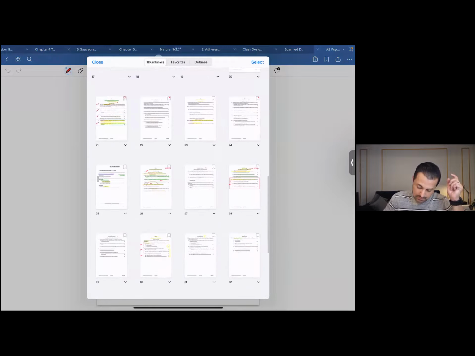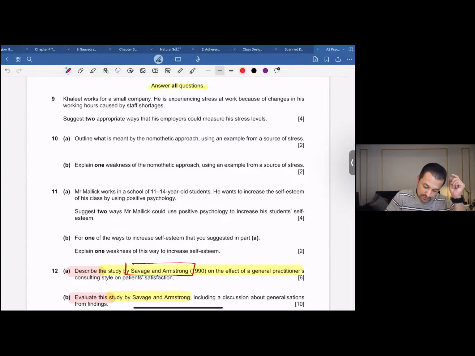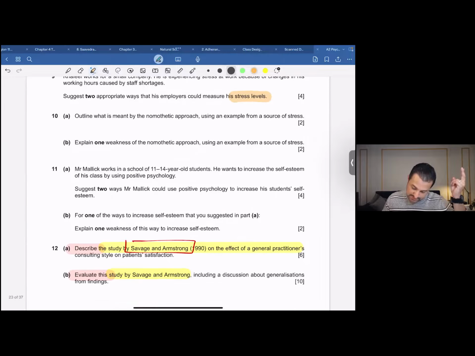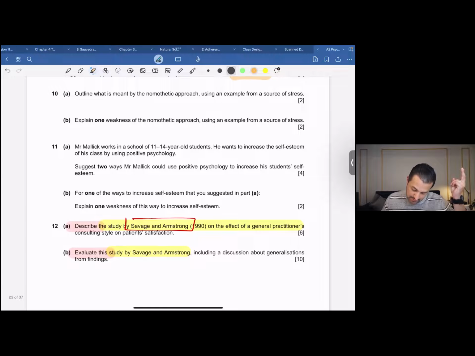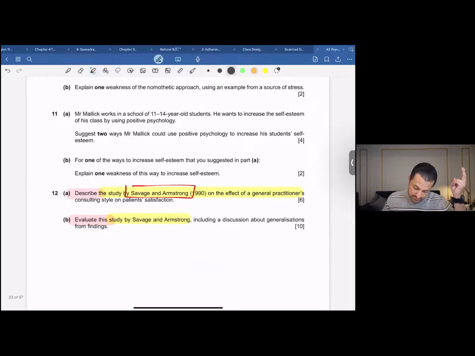Now, this is health psychology. If you have a look at this question, this is on stress, and this is on patient-practitioner relationship.